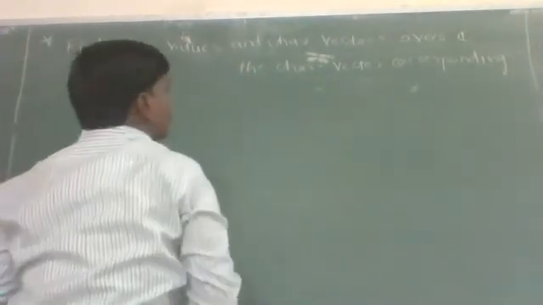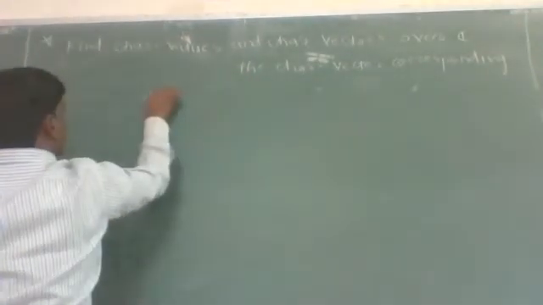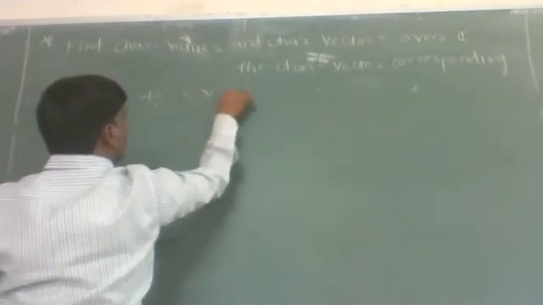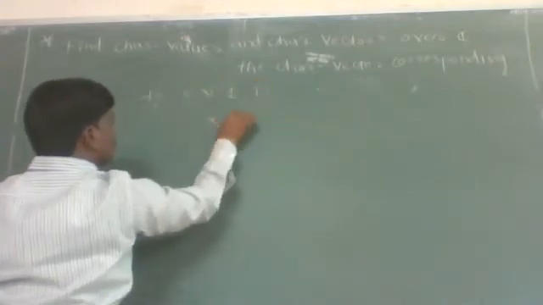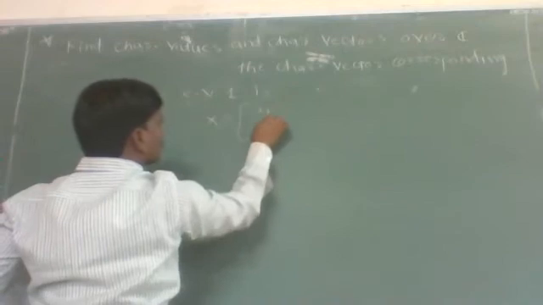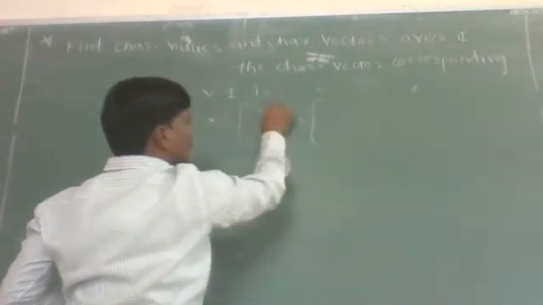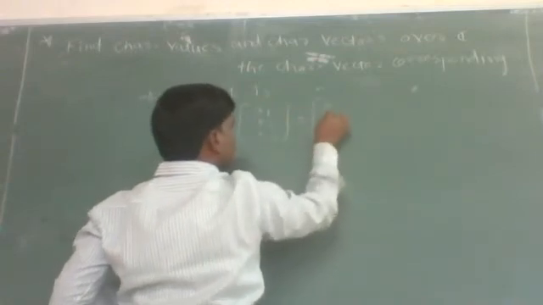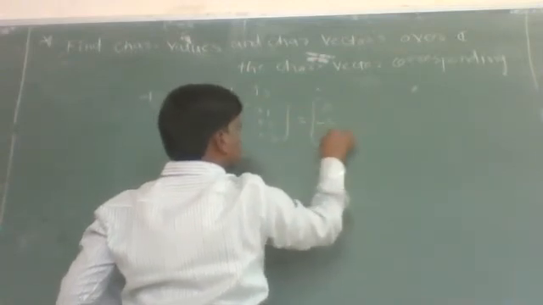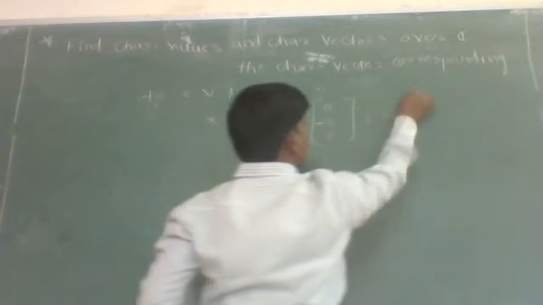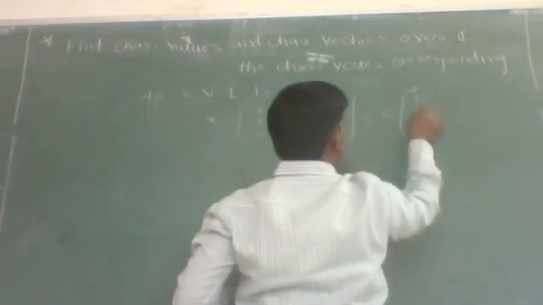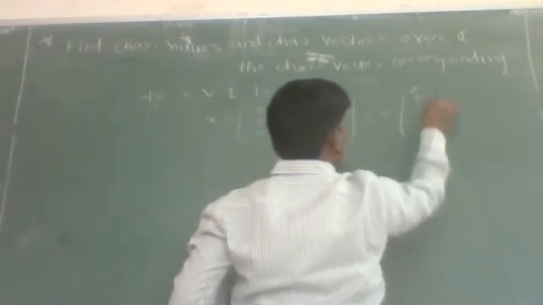The characteristic vector corresponding to eigenvalue 1 is X equal to x1, x2, x3, and here x1 is 0, x2 is minus c, and x3 is c, which implies c times 0, minus 1, 1.